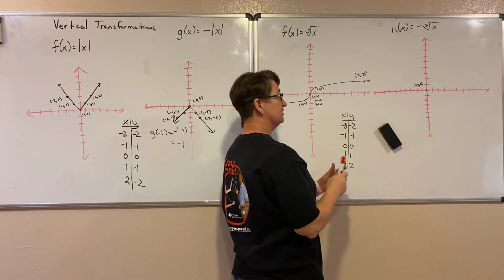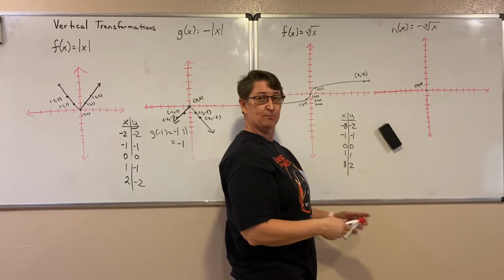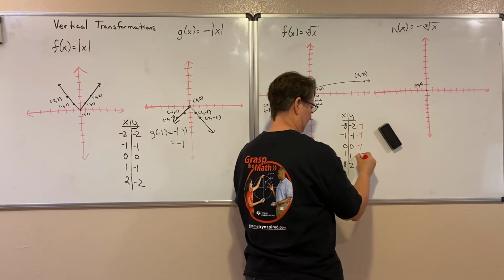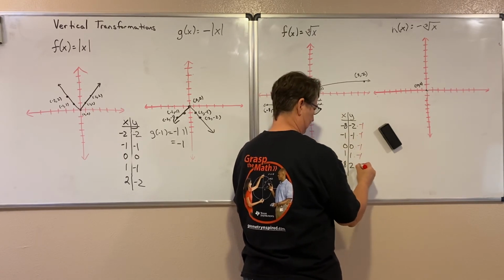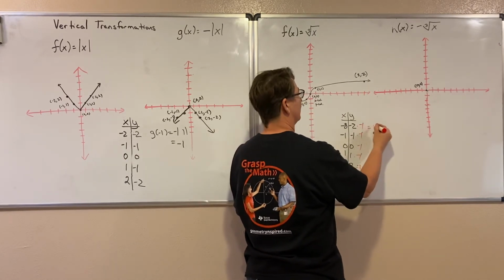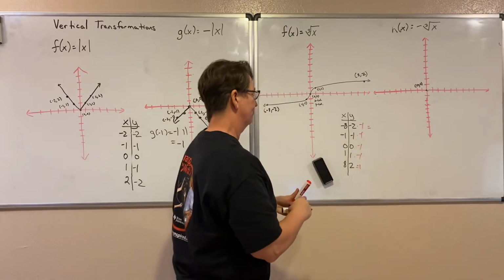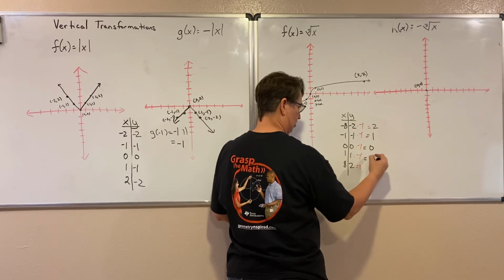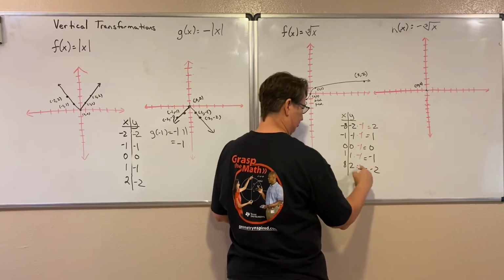And so I'm just going to take all my y's and multiply them by a -1. So I have a +2, a +1, a 0, -1, and -2.